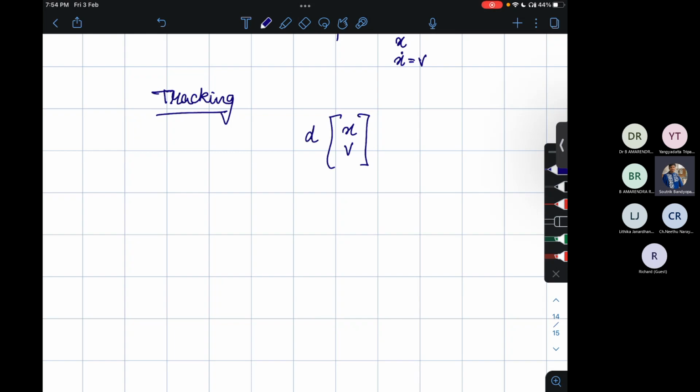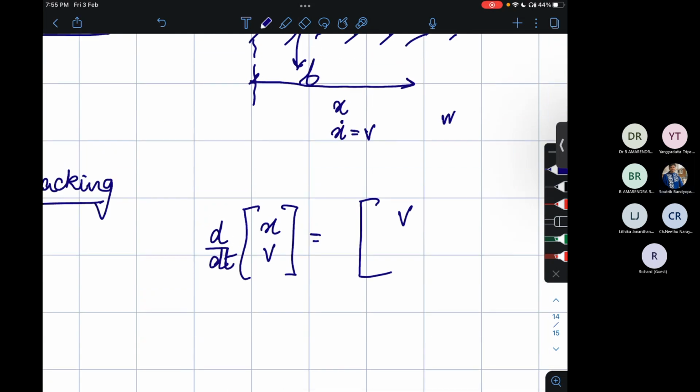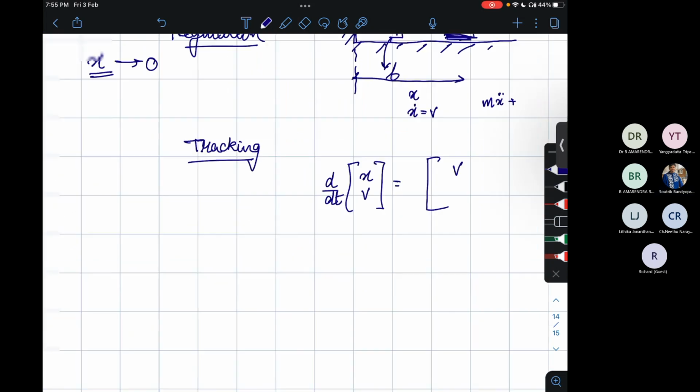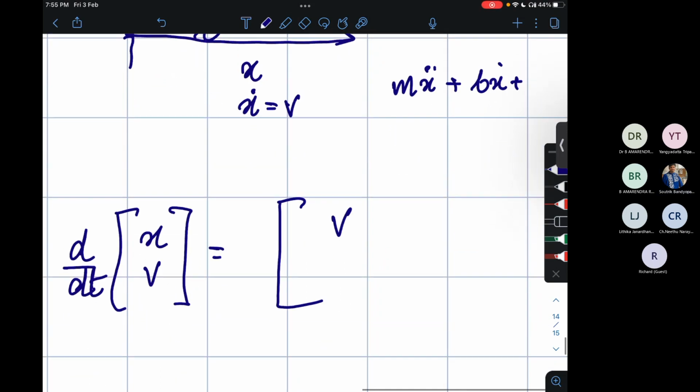Now the differentiation d by dt of this is v, and the expression is m x double dot plus b x dot plus k x is equal to f, where f is your control input, right?